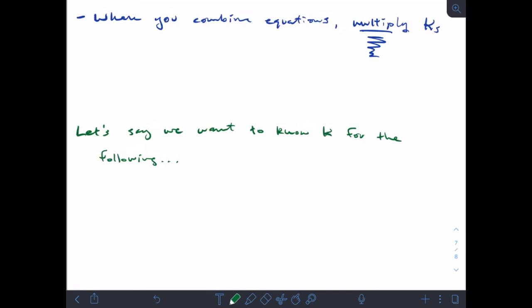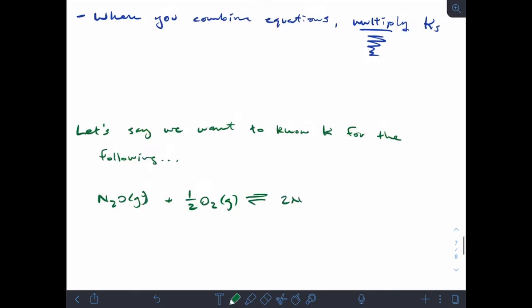All right, so we have the equation: N2O gas plus 1/2 O2 gas, we need 2 NO gas. K equals what?